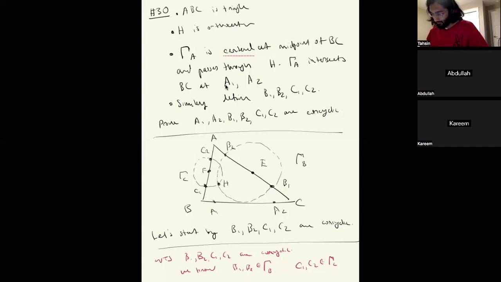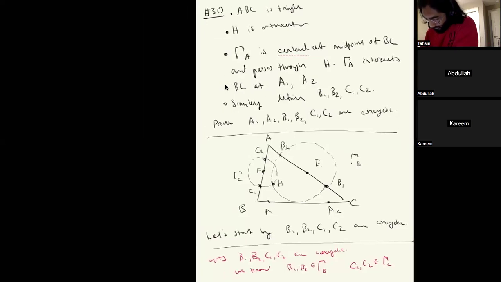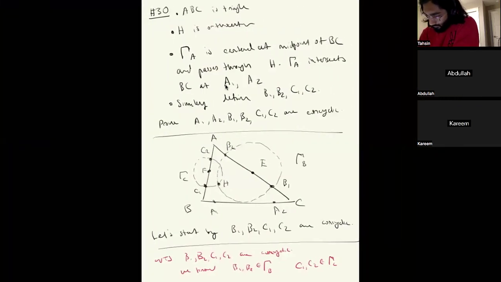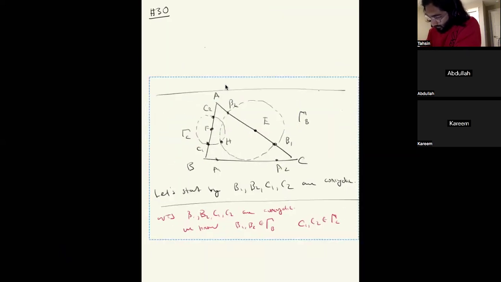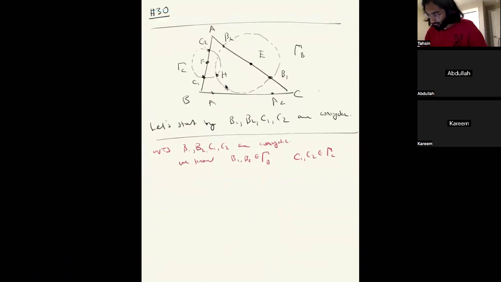Okay, so you're saying, yeah, maybe we need some more space. So, let me duplicate this. Right, so what you're saying is technically the converse of radical axis theorem.